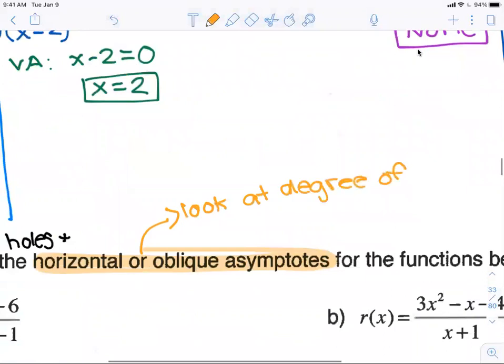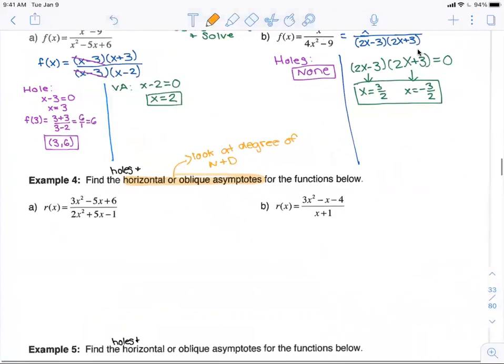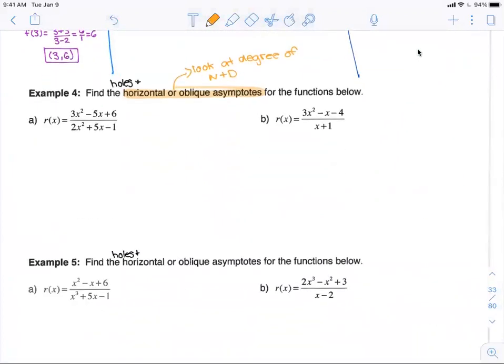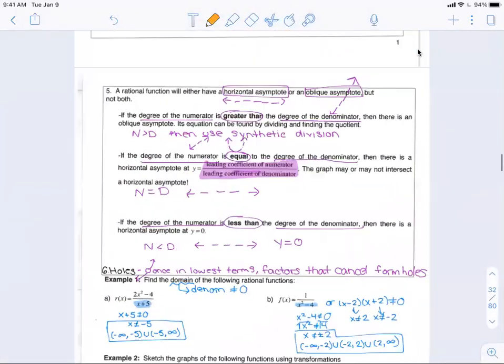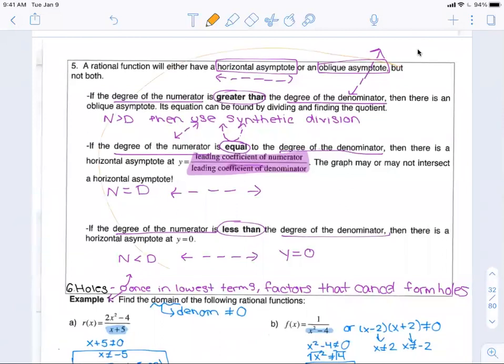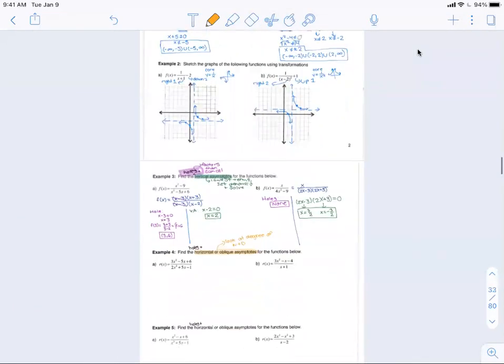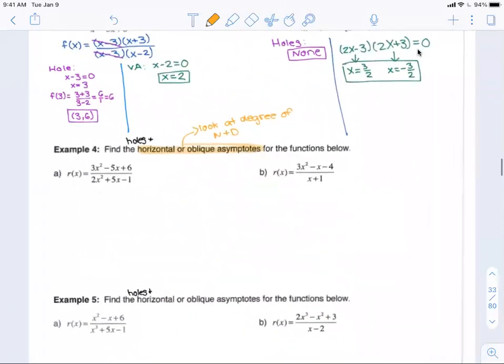And remember, you have 3 different cases, okay? We're going to go through all 3 of the cases. There's 4 examples, and we will hit all of the cases, okay? If you're wondering what I'm talking about, if you go back, this is step 5, where we're talking about horizontal and oblique asymptotes. Again, I hope you take good notes there, because that has all the information of what you're supposed to do.